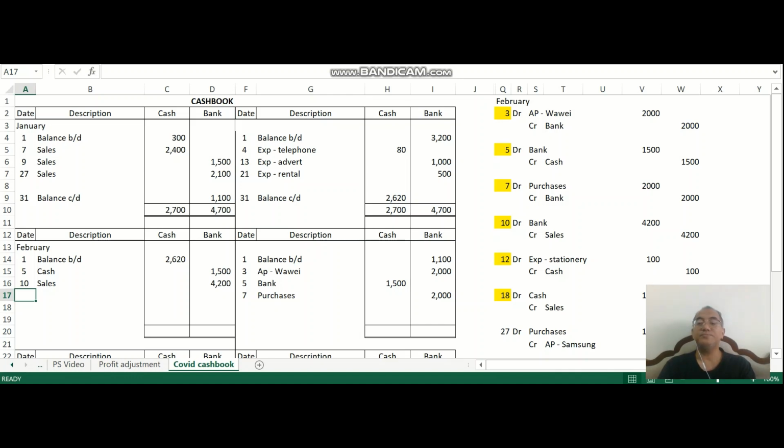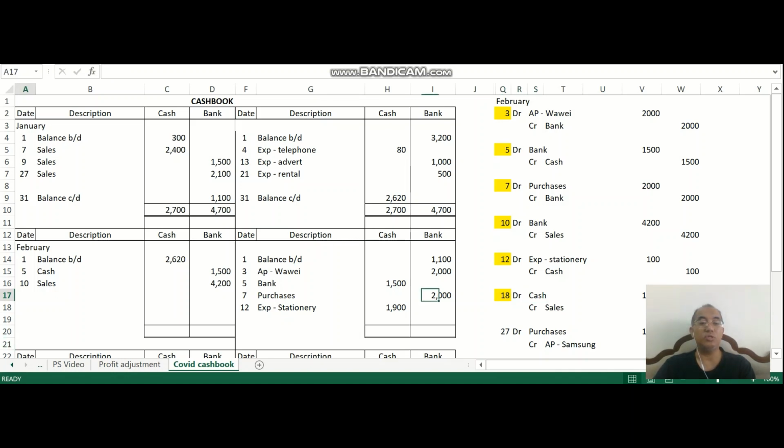On the 12th, debit expenses salary, stationery, credit cash. So I go to credit and then I go to cash. This is cash, 100. So what about it? Expenses, stationery. When is it? On the 12th. On the 18th, we have debit cash, credit sales. Again, we have cash here. So debit cash.